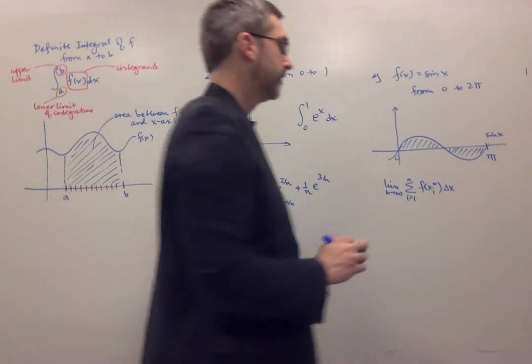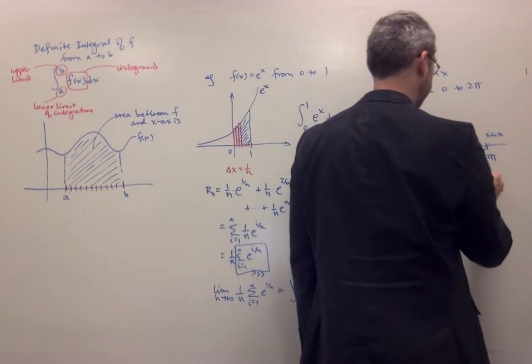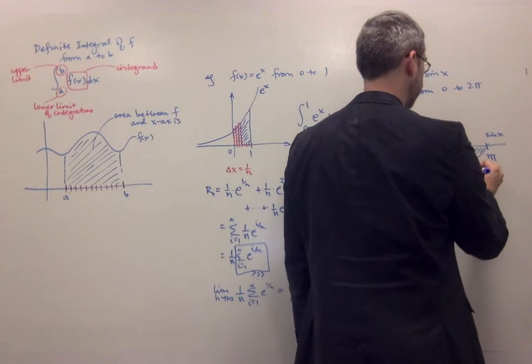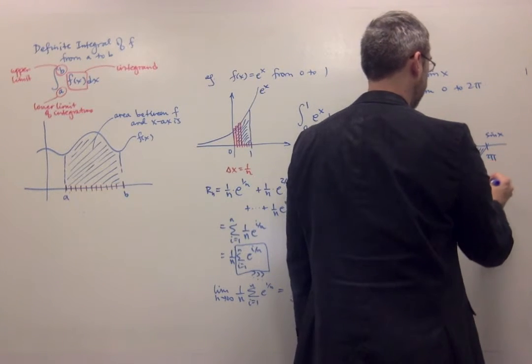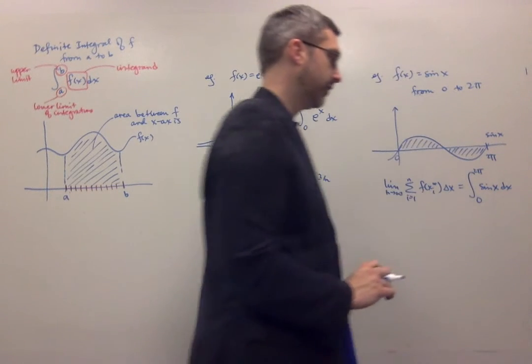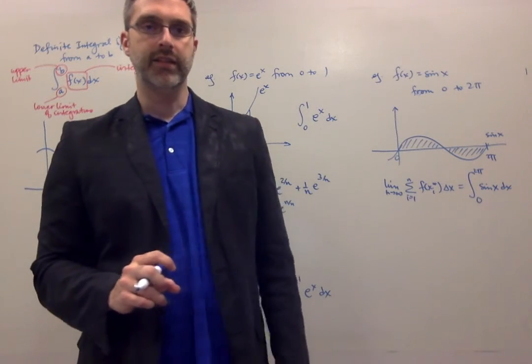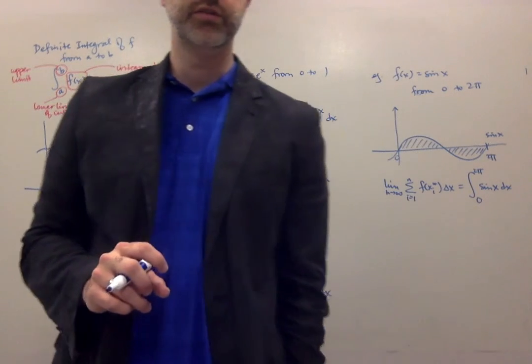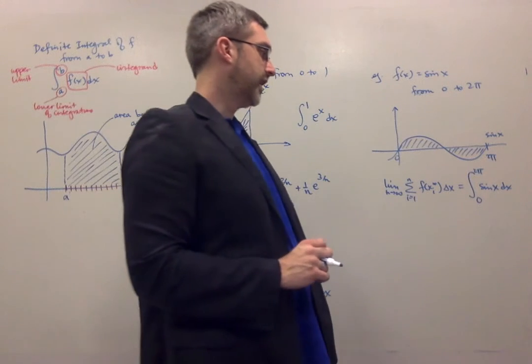But the way that we write that area is it's the area from 0 to 2 pi between the sine function and the x-axis. So we would write that area as the integral from 0 to 2 pi of sine x dx.